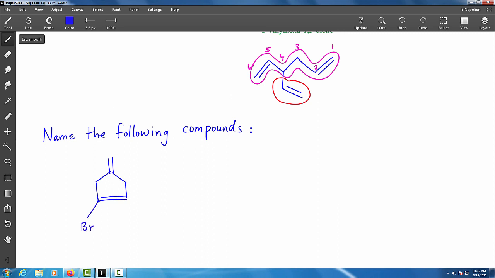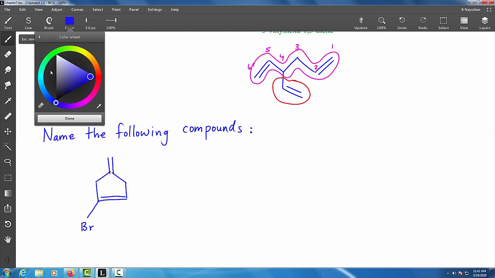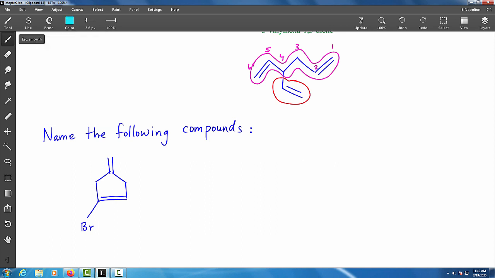That's one compound, and I find that if we do rings, these straight chains come easier.